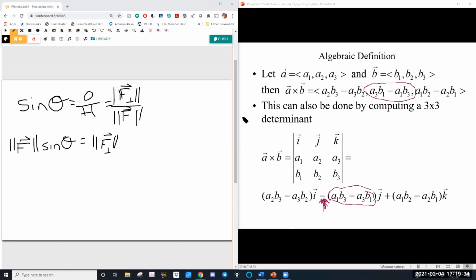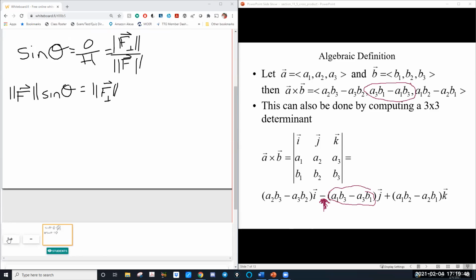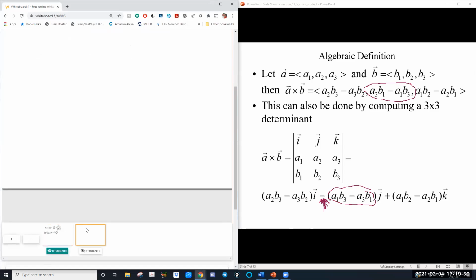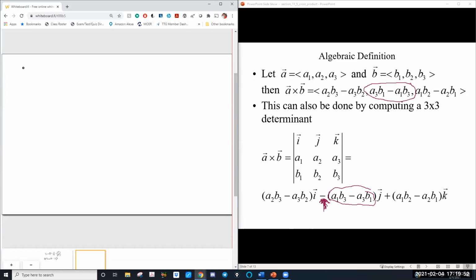So let's see. Let's do one example of this, just so you have seen it. I know it's in the video as well, but we've got the time today, so let's take a look for those of you who want to use the matrix form. So let's say we have a couple of vectors.